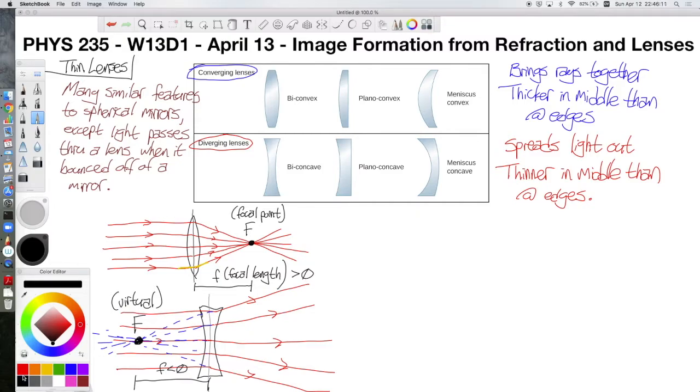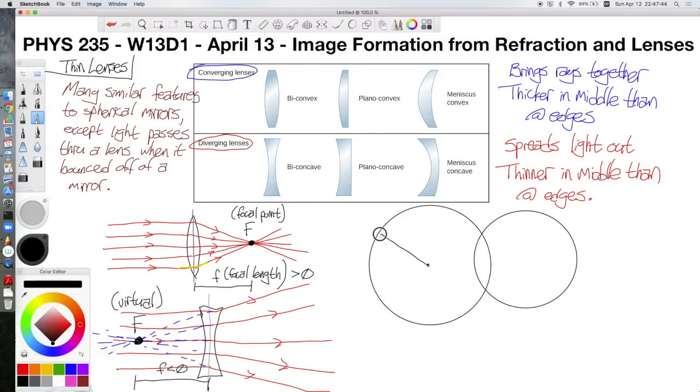And you may be wondering where the spherical aspect comes in here, because mirrors we talked about were all spherical mirrors. And in a sense, the lenses we're going to talk about are also spherical lenses in the following way. So here we have two circles that overlap a little bit.